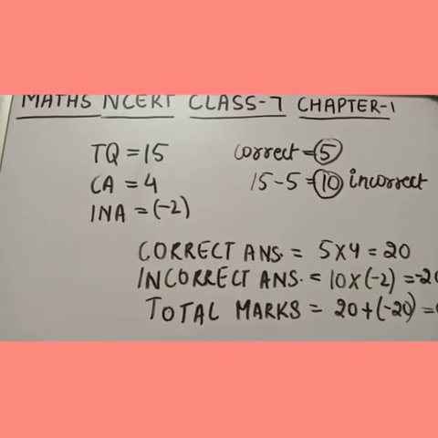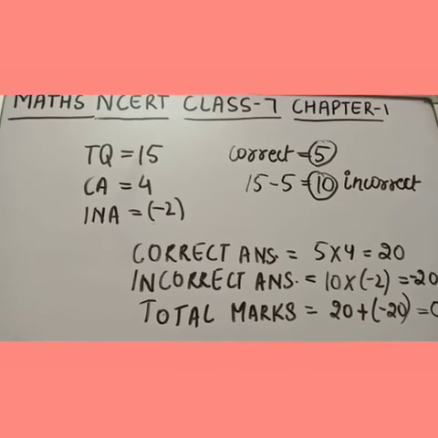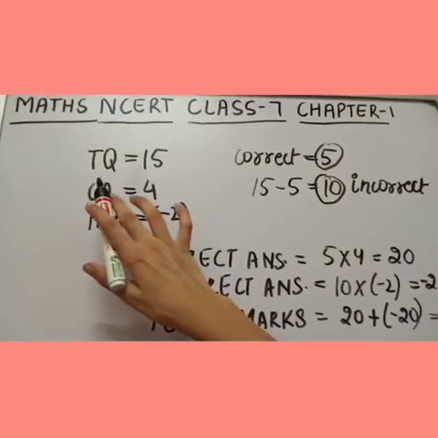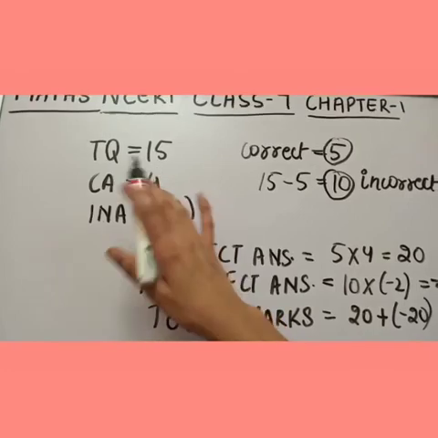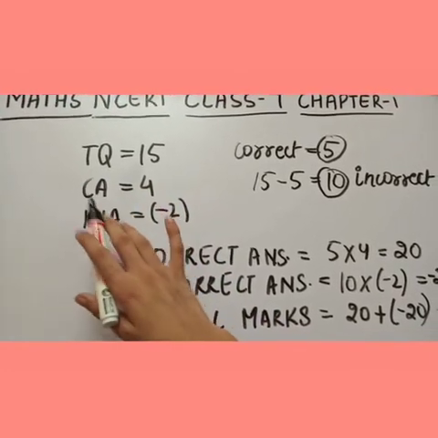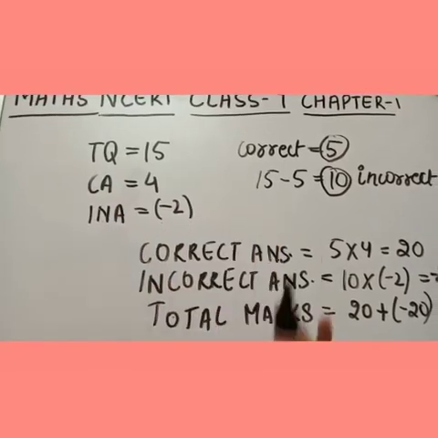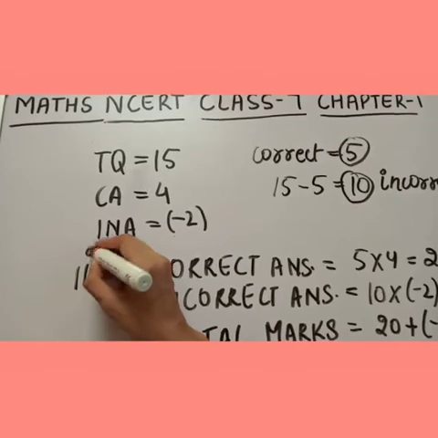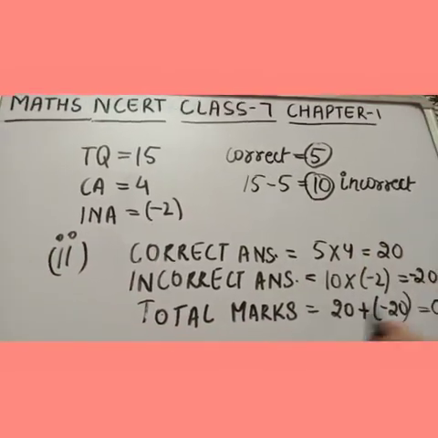Now, this was the second part. Now let me tell you first of all the statement part. How will you write the statements? First of all, you will write total questions in the class test 15. Marks given for every correct answer is 4. Marks given for every incorrect answer minus 2. Then you will write the second part like this, and you will start writing the statement again.